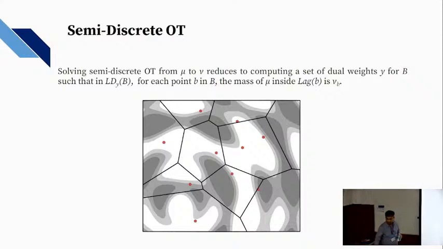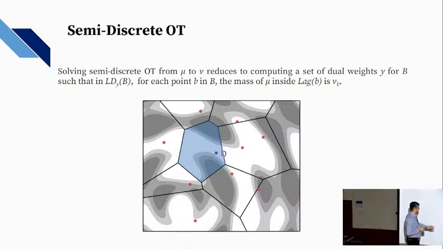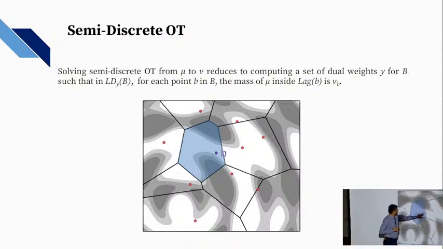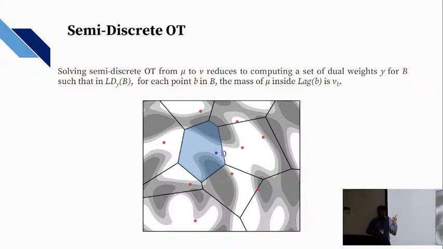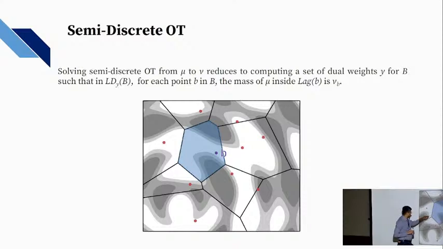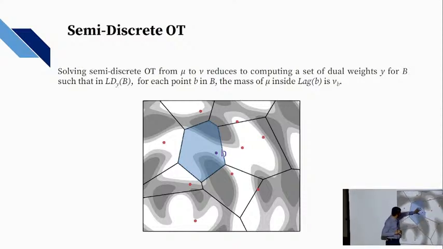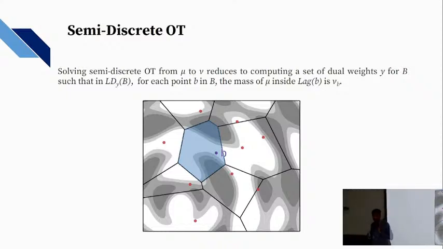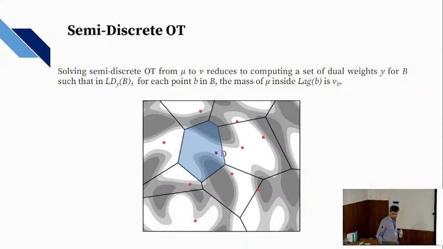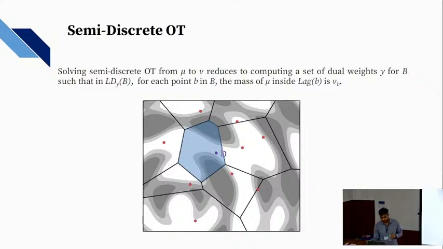If you take any point B in the discrete distribution, then the mass at B should be equal to the mass of the continuous distribution in the Laguerre cell of B. If these two match up for every point, then that corresponds to the optimal semi-discrete transport plan. And the plan itself is simply this: take the mass at B and transport it to the mass inside the Laguerre cell. So it's a very nice structure to this problem, to the optimal solution.